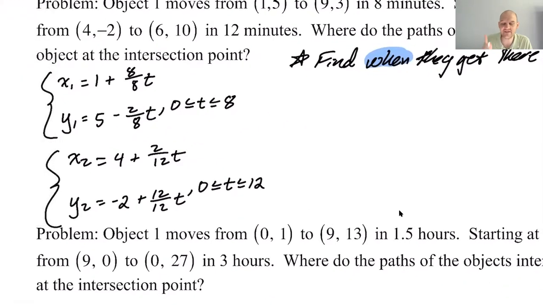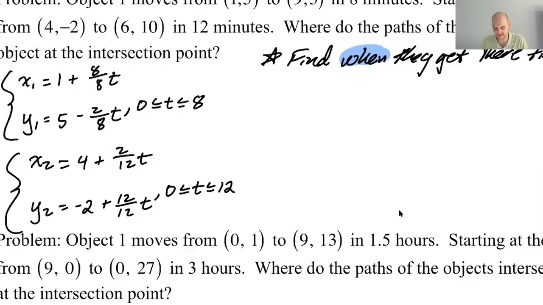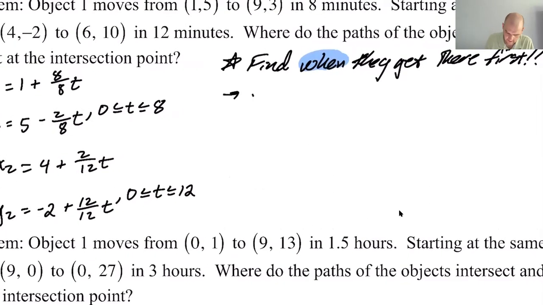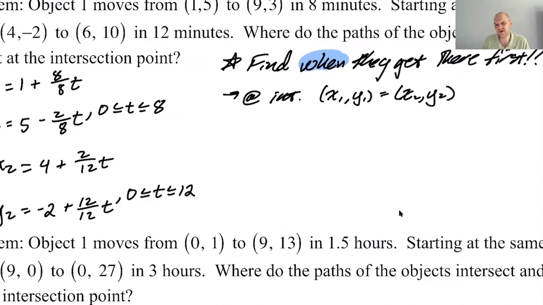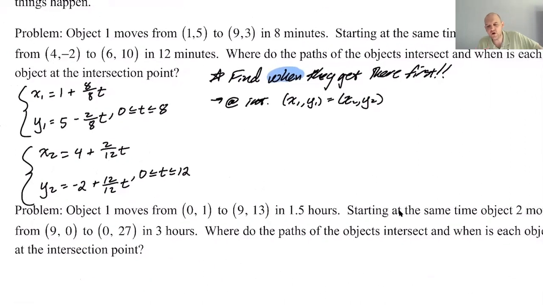So to find when they get there, think about when they're at the intersection point. At the intersection, I know that x1, y1 has to equal x2, y2. That's the only way that can work. The question is x1 of what and x2 of what, right?